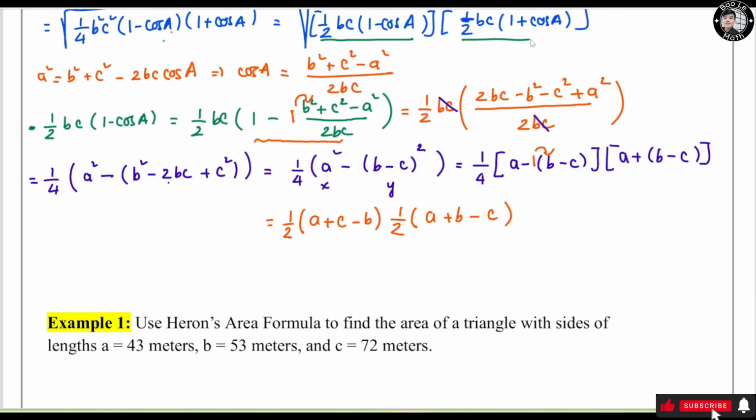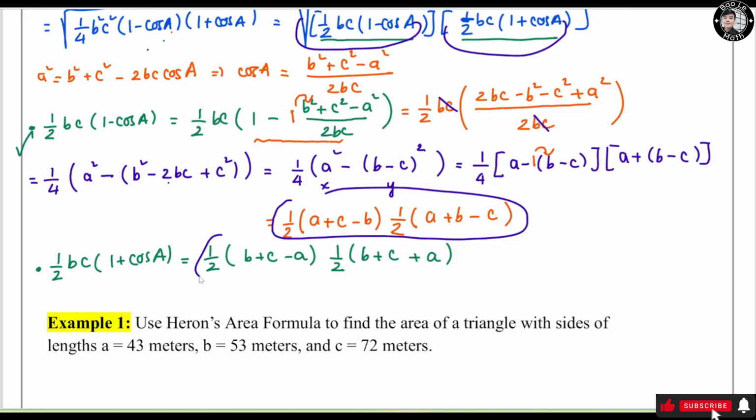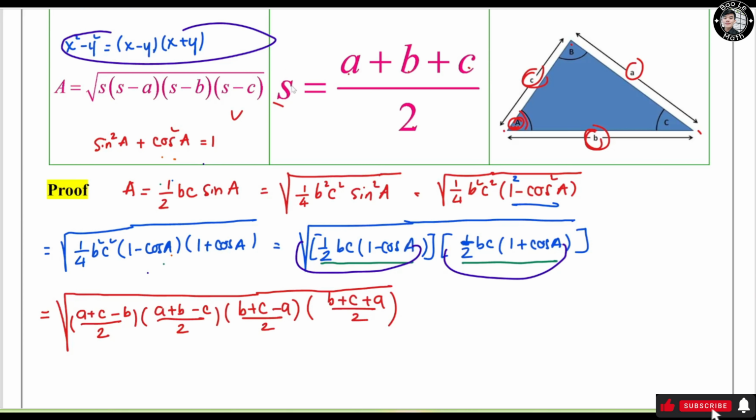Now we're going to deal with the second one. You do exactly the same thing as above, and you end up with the same kind of result. Now we go back to the beginning.